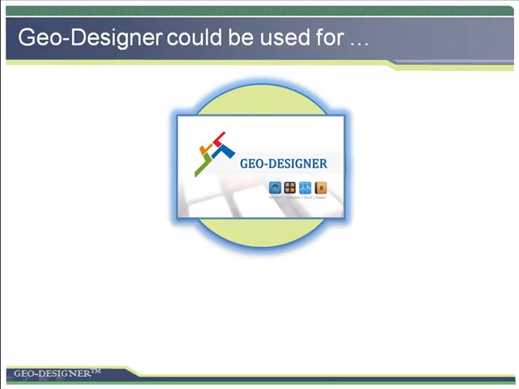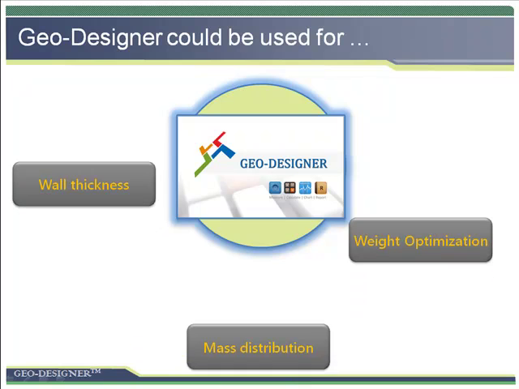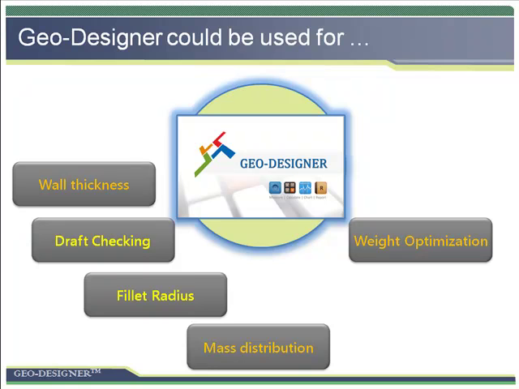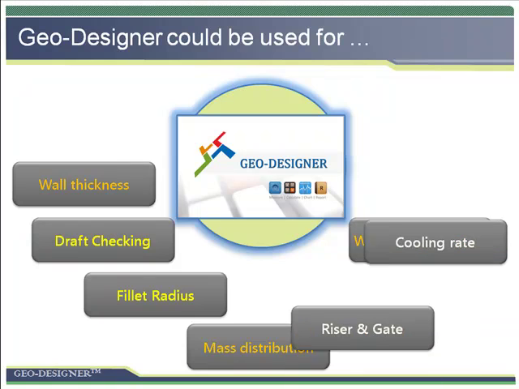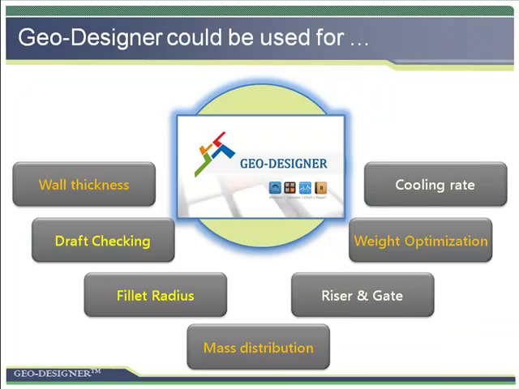The first information we will bring to you is the service field and the main application of Geo-Designer. The mass distribution analysis is one of the major fields, such as mass distribution, wall thickness, and weight optimization. Such information is not only used in part design, but also applied to various industry segments for the manufacturing process.